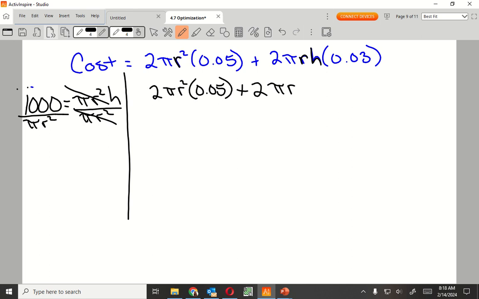Now I'm replacing h with 1,000 divided by pi r squared, times 0.03.